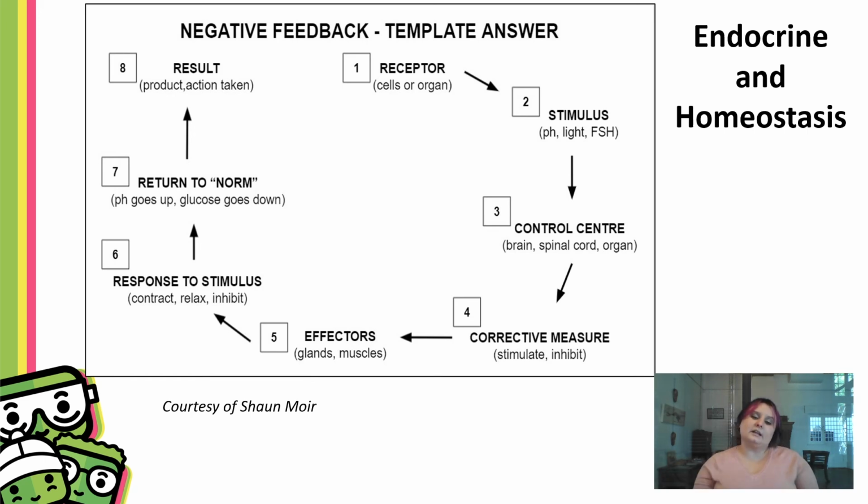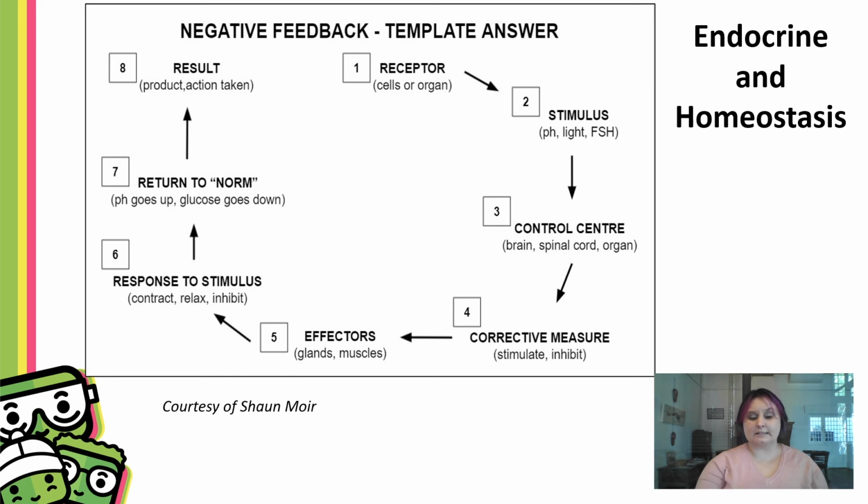So this is a really nice template answer that you can use and apply to any situation. So anytime they're asking you about homeostasis or negative feedback, you can follow these 8 steps. And if you write down something for each of these points, you will have covered the whole process that takes place. So let's look at how we're going to use this.